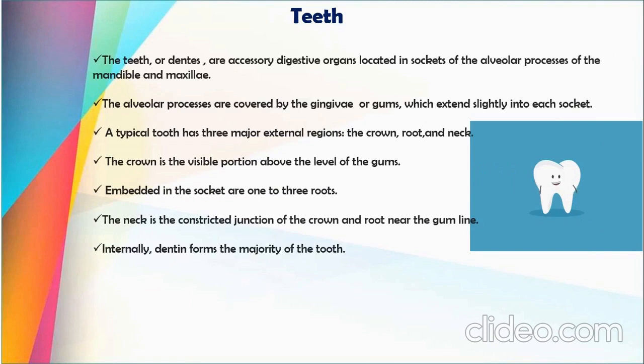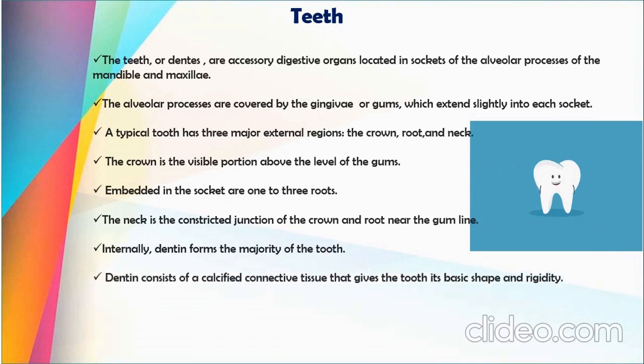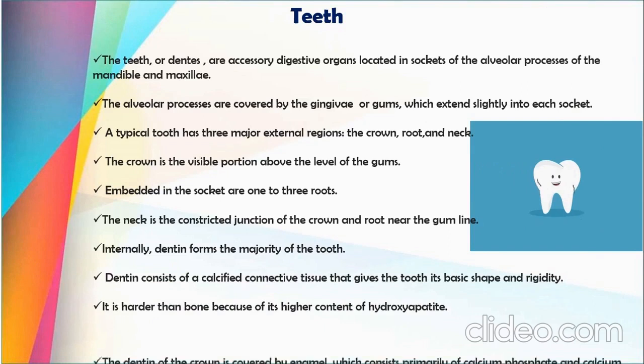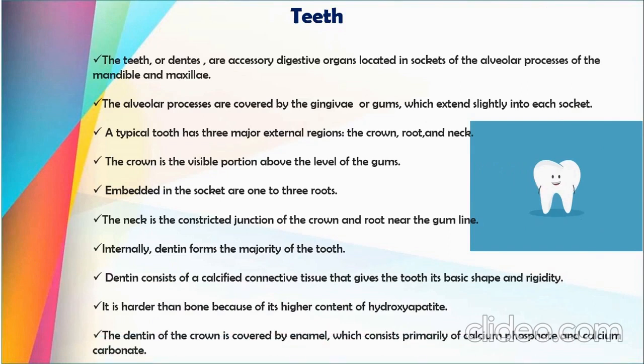Internally, dentin forms the majority of the tooth. Dentin consists of a calcified connective tissue that gives the tooth its basic shape and rigidity. It is harder than bone because of its higher content of hydroxyapatite. The dentin of the crown is covered by enamel, which consists primarily of calcium phosphate and calcium carbonate.